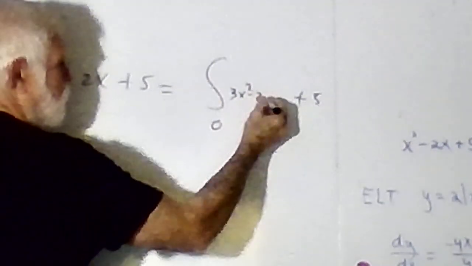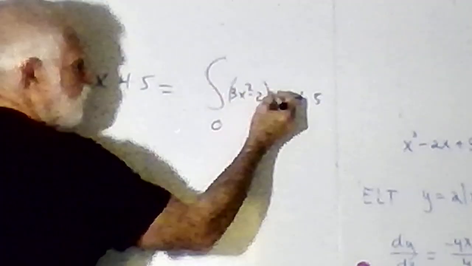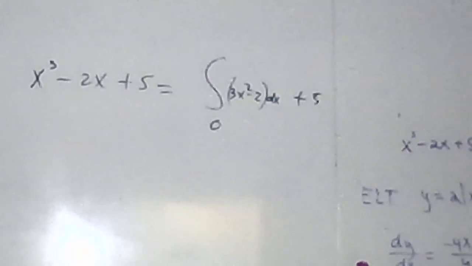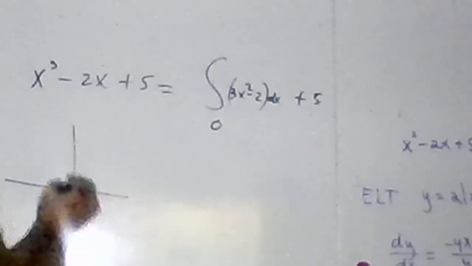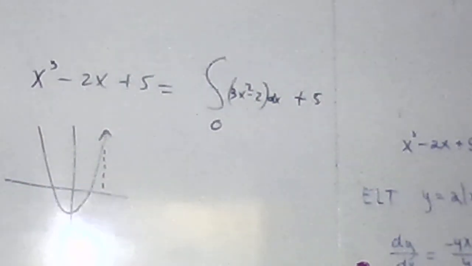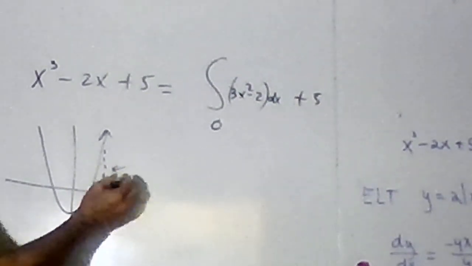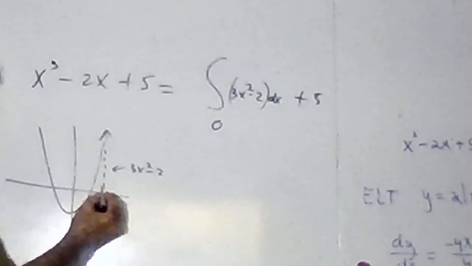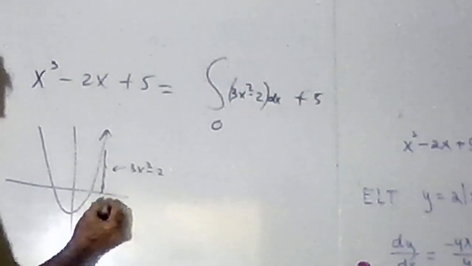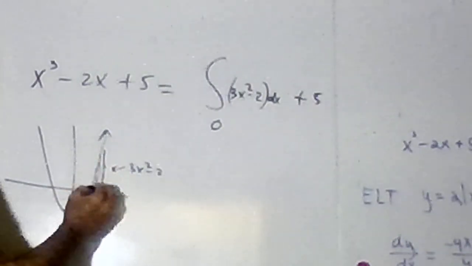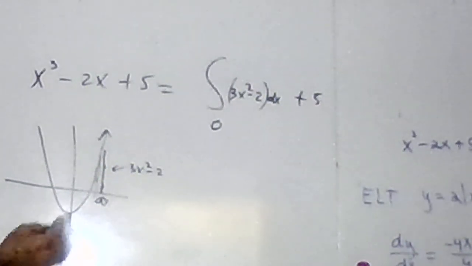minus 2. And I got to hit those altitudes with little bits of width. All right, 3x squared minus 2 looks like this. If I do an altitude there, then that altitude is coming from 3x squared minus 2. And if I give that altitude just a little bit of width, dx, 0.001, and I do an infinite number of those, then I'm going to accumulate area from 0.